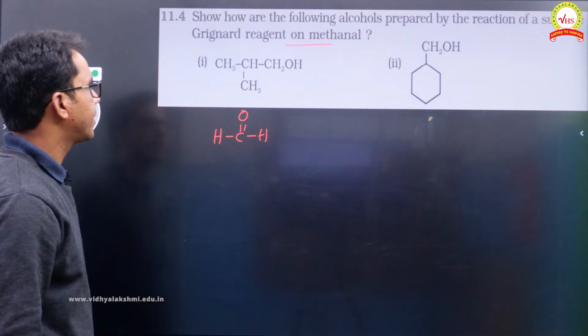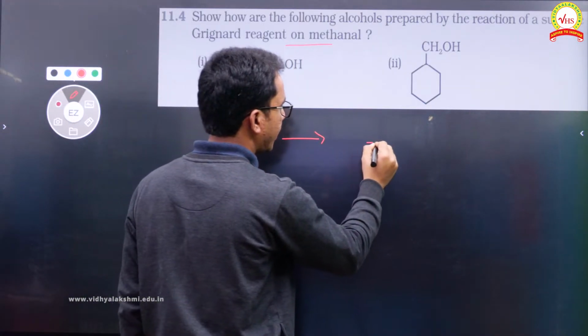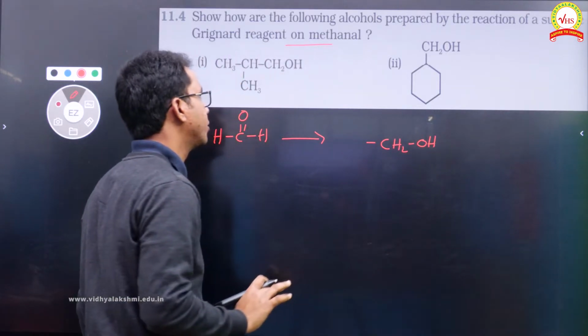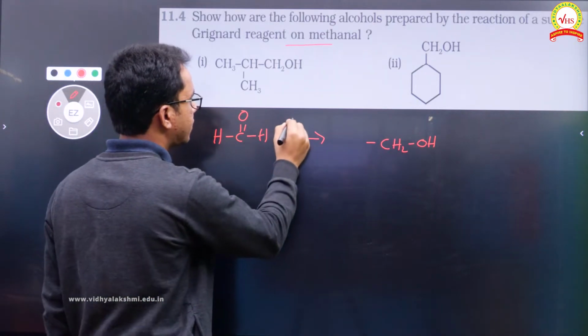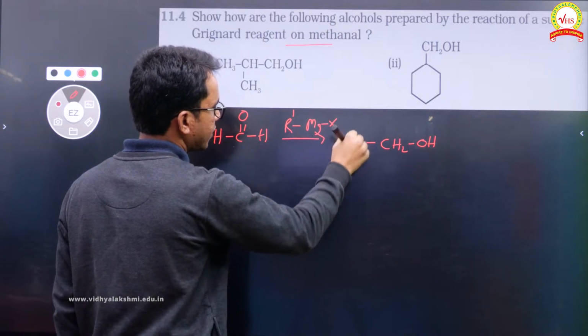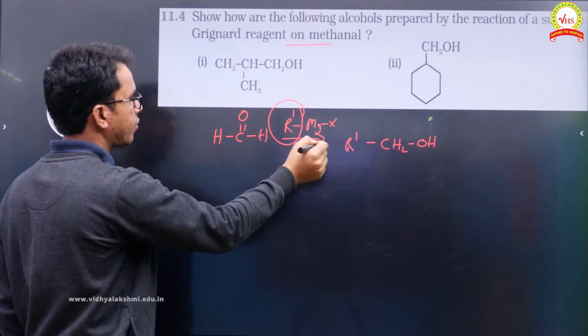If you take it here, we will get CH2OH for sure. Now what group are we using? RMgX, the Grignard reagent. Whatever group is there in the Grignard reagent, that group will come over here.